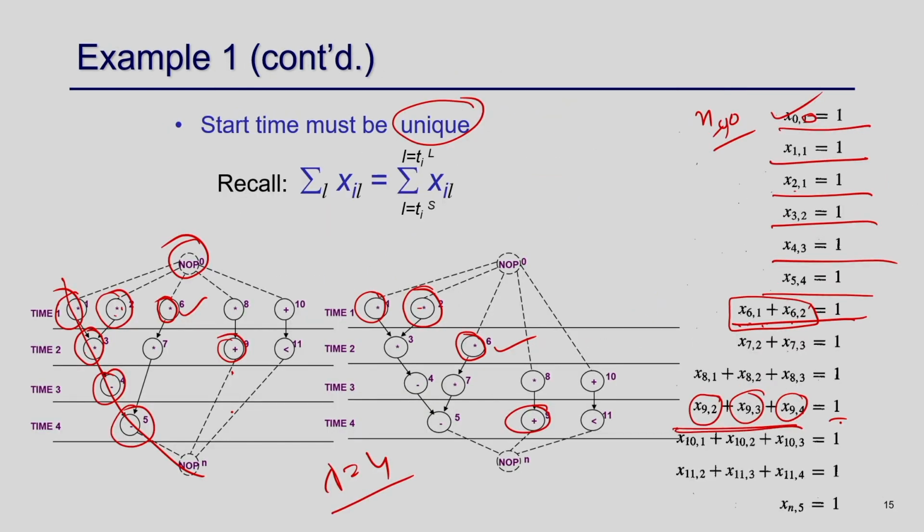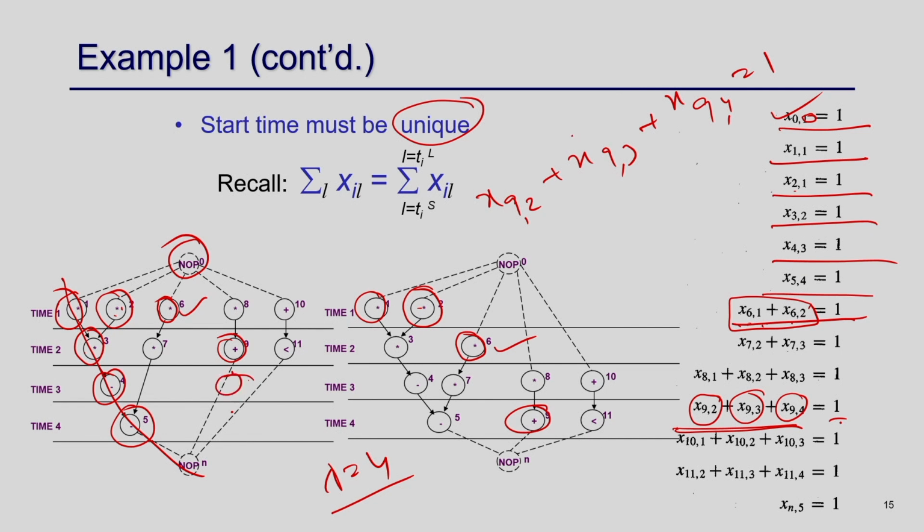For example, x92 plus x93 plus x94 equals 1. Let us say this is scheduled in time stamp 3.